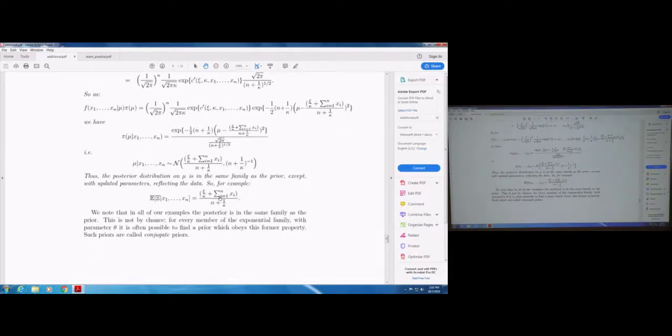Okay, and again, if you let Xi equal 0 and kappa go to infinity, then you're going to recover the maximum likelihood estimator again. Okay, so the interesting thing about these problems, in the first one we had exponential data, gamma prior, gamma posterior.